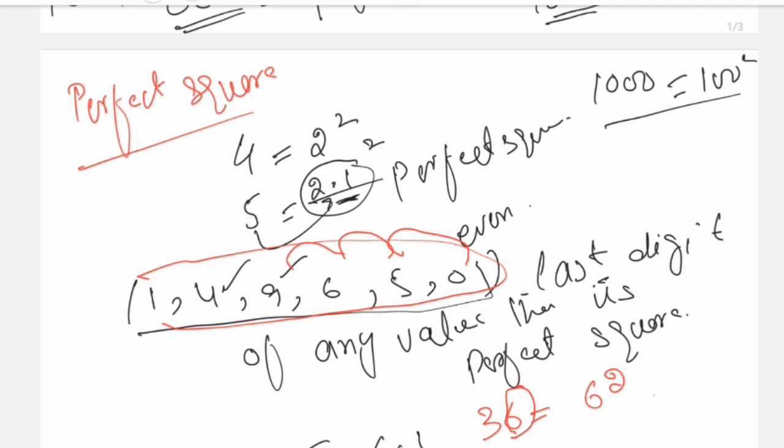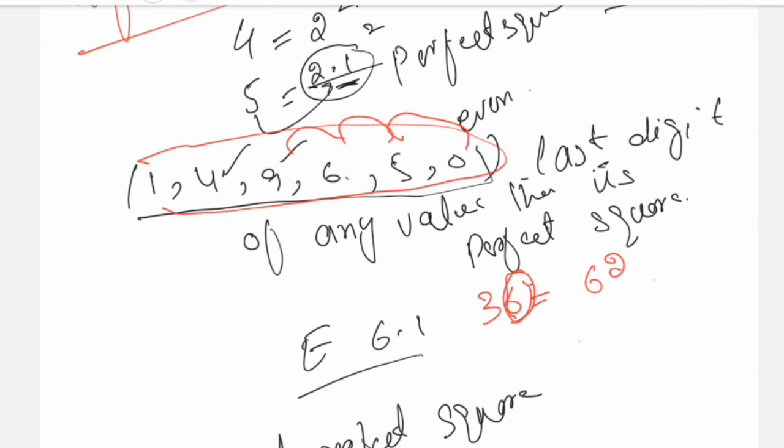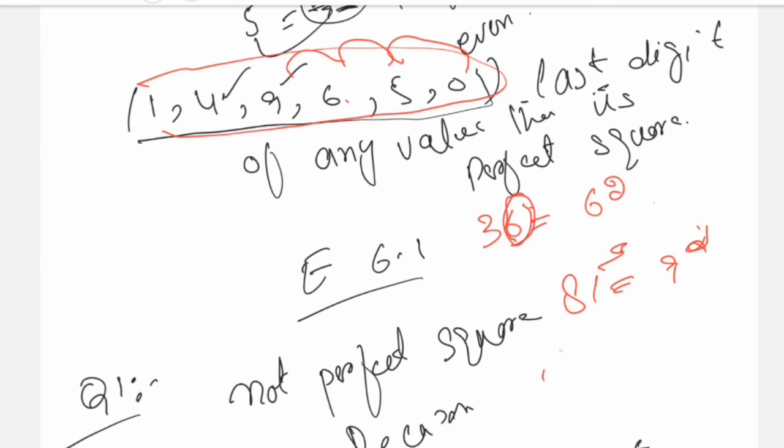So 6 is the last digit, so 6 is coming here. Exactly, 81 is the perfect square of 9 because it has last digit 1. I have 11 square, which is 121, and 1 is a perfect square.